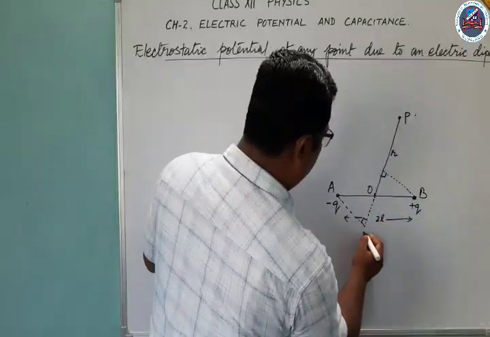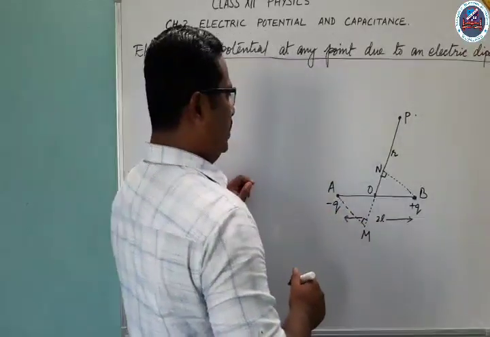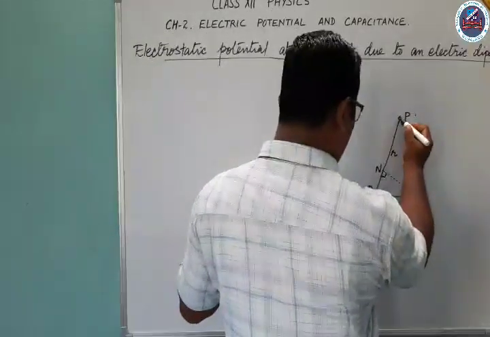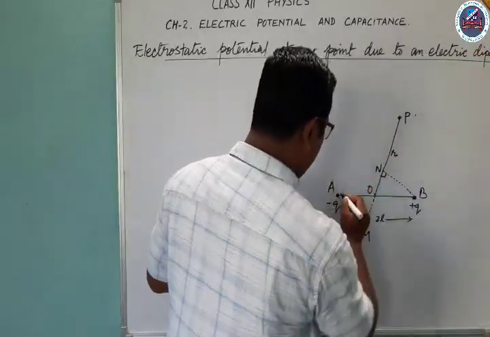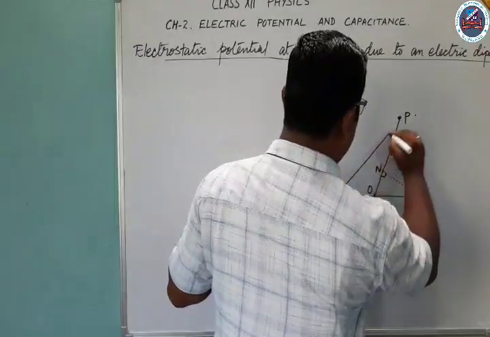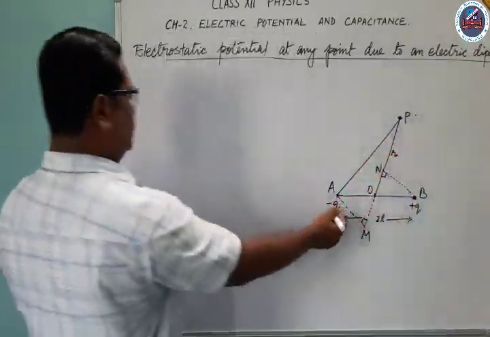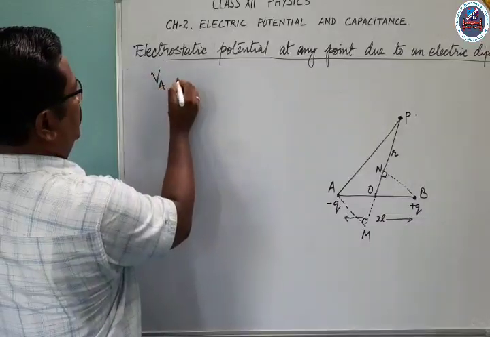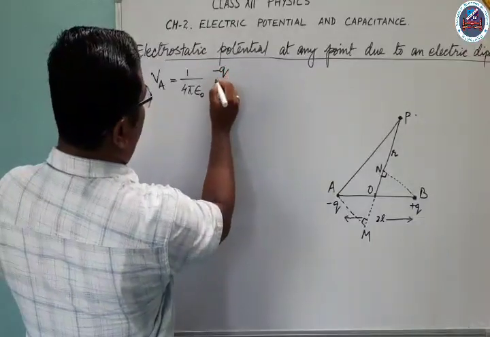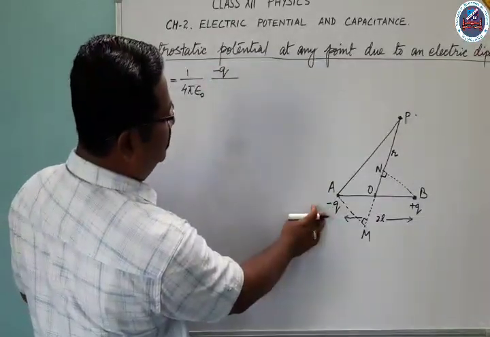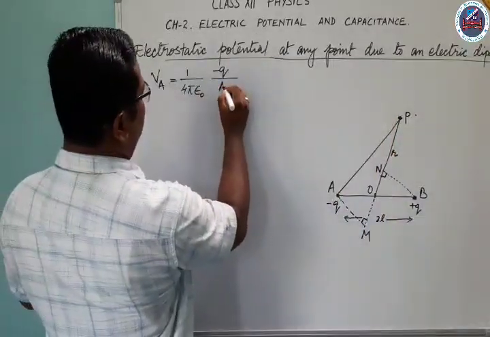Let us mark this as M and let us mark this as N. Now let us find the electric potential at point P due to this point A, that is the negative charge. So potential at P due to this negative charge minus Q, you can write VA. VA is equal to 1 by 4 pi epsilon naught, minus Q divided by distance AP.